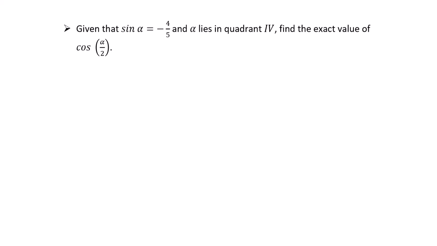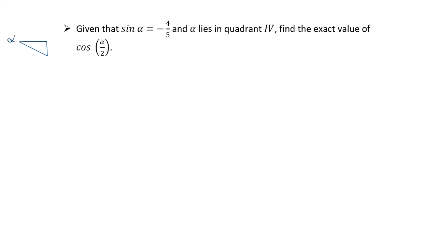Given that sine alpha equals negative 4/5 and alpha lies in quadrant 4, find the exact value of cosine alpha over 2. So let's go ahead and draw a triangle. We're here in quadrant 4, so my hypotenuse is going this way from the origin, and alpha is my angle here.